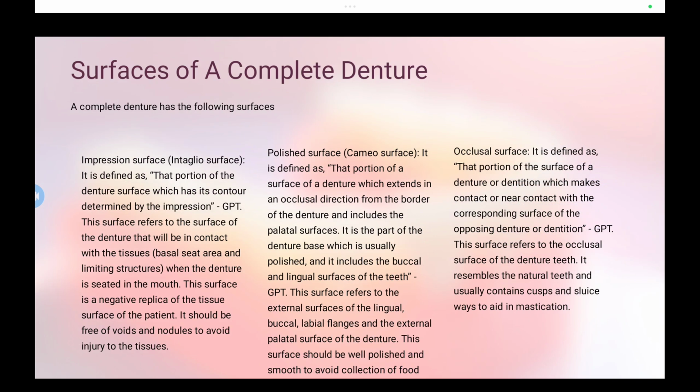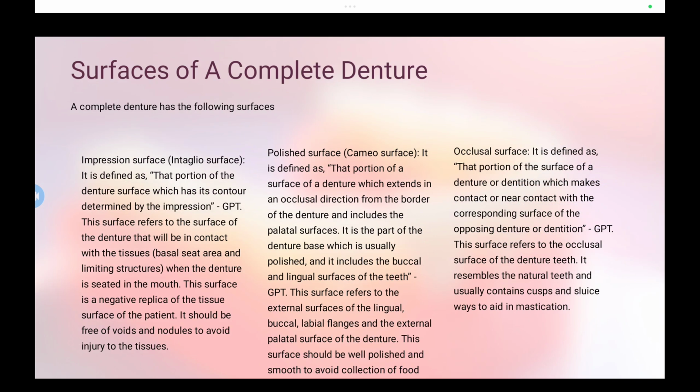It is the part of the denture base which is usually polished and it includes the buccal and lingual surfaces of the teeth. This surface refers to the external surface of the lingual, buccal and labial flanges and the external palatal surface of the denture. This surface should be well polished and smooth to avoid collection of food.